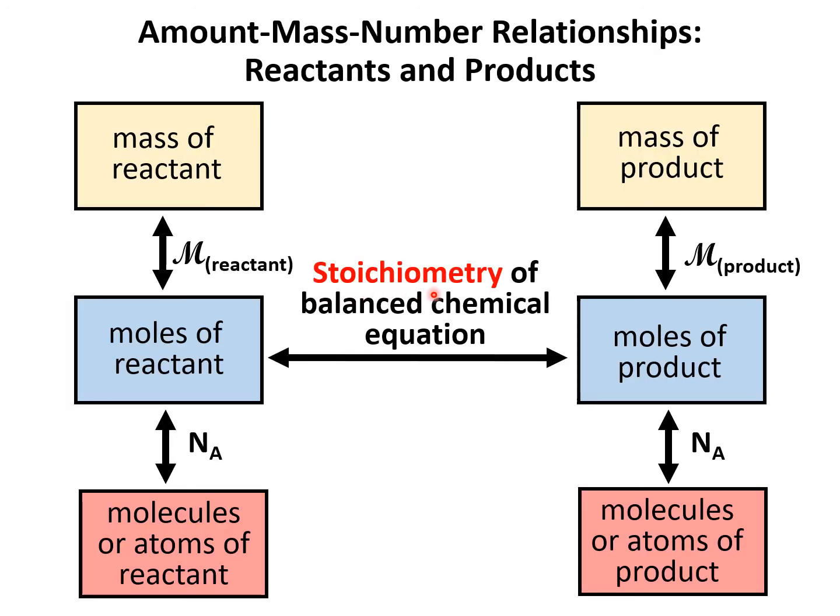The importance of stoichiometry is it allows us to relate the amount of reactant that we start with in a chemical reaction to the amount of product that will be produced.